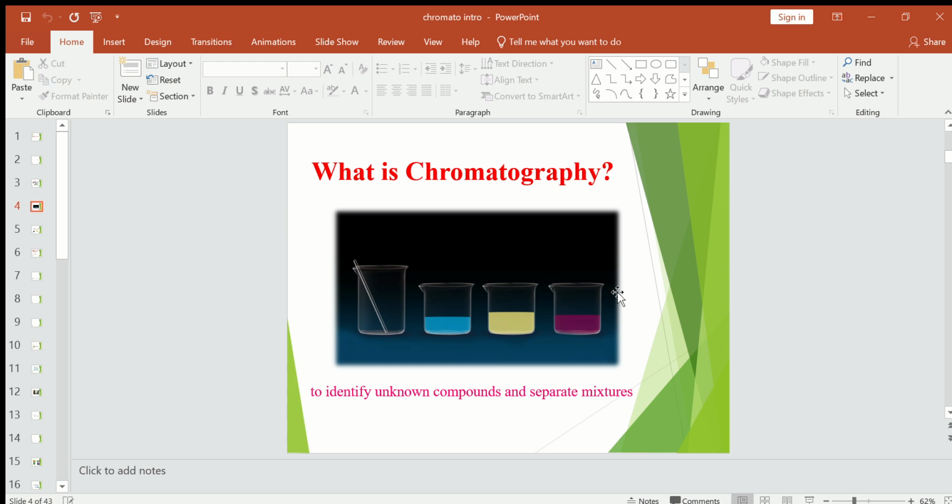What is chromatography? It is a technique that is used to identify unknown compounds and separate mixtures. Basically, it is used for identification, to separate the mixture for purification, and also for analyzing or quantification of the different components present in the mixture or unknown samples.